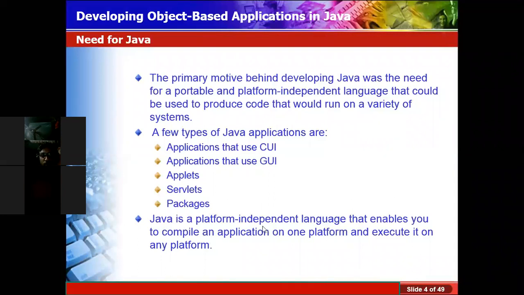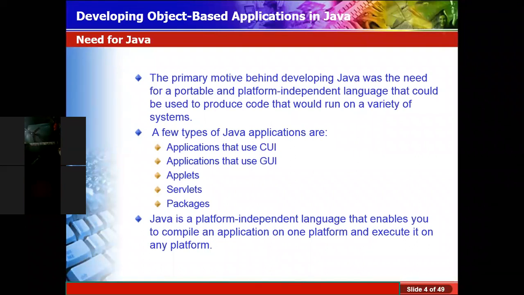Java is a platform independent language that enables you to compile an application on one platform and execute it on any platform. So you write the program on the Windows platform and you can use that application on Linux or any other platform.